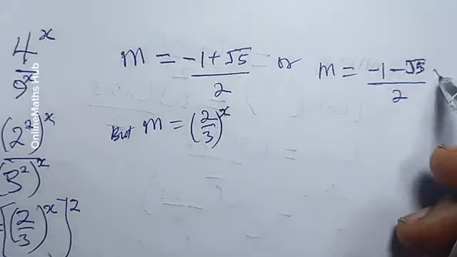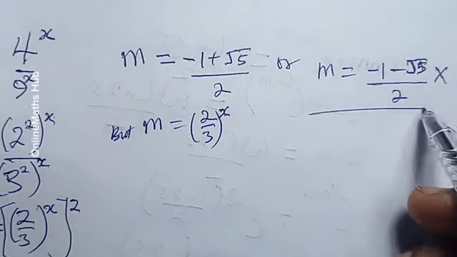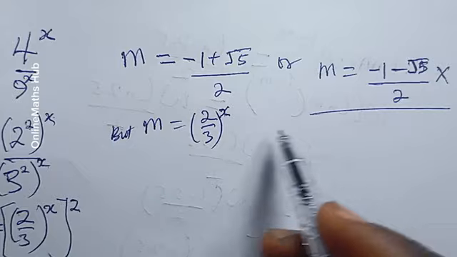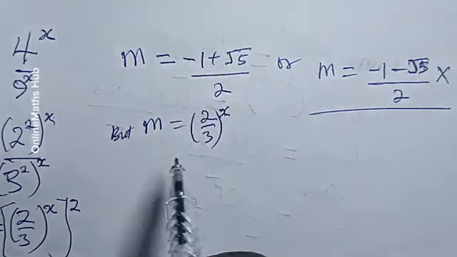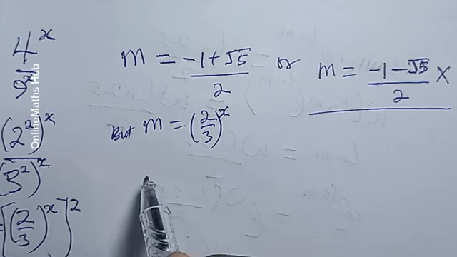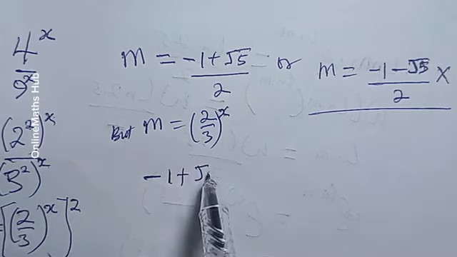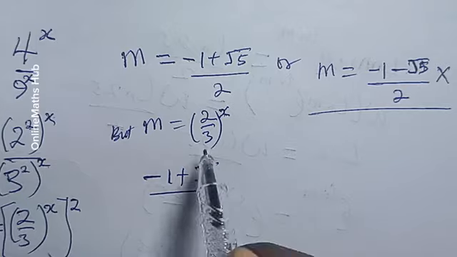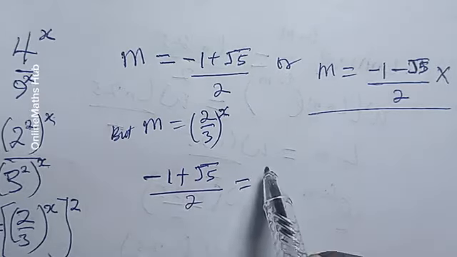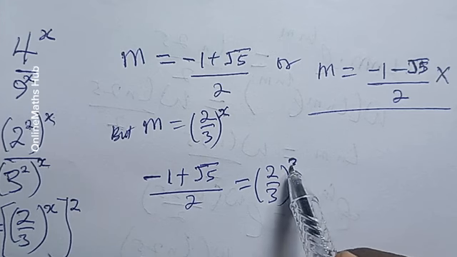So which means that this is not actually going to be a solution to this. So we just end up using this to find the value of x, which is going to satisfy this. So what we now have is negative 1 plus root 5, divided by 2, is equal to 2 over 3 all raised to power x.